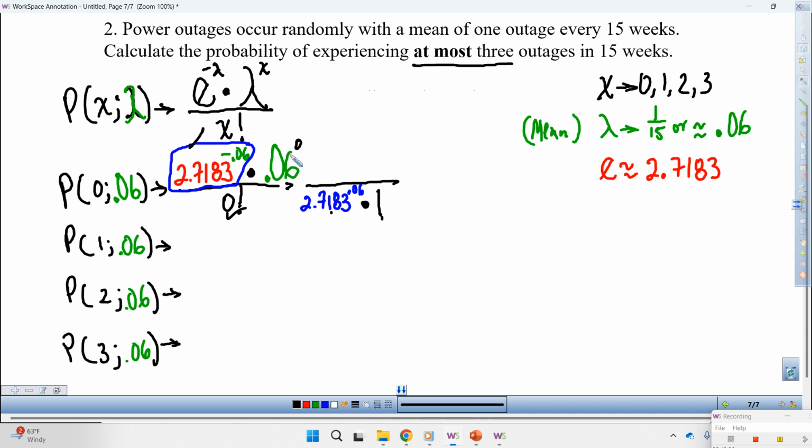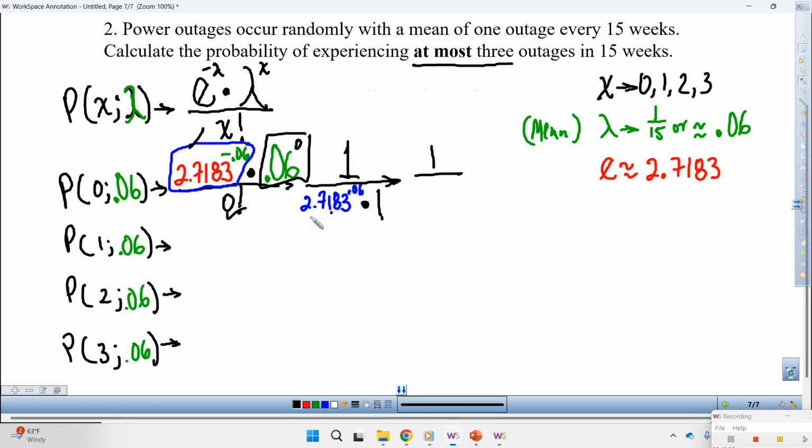Question. Any number to the 0 exponent, tell your neighbor what that is. Any number to the 0 exponent is 1, correct. So we end up with 1 over 1 times 2.7183 to the 0.06 power.